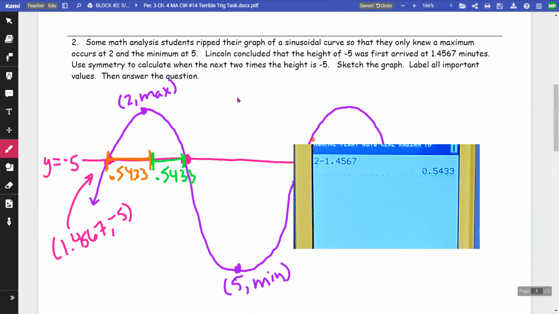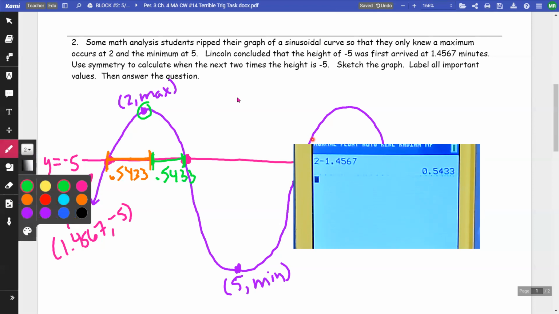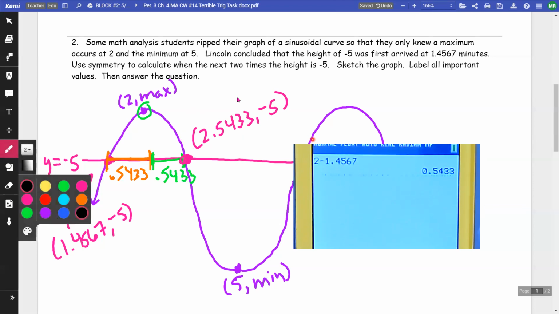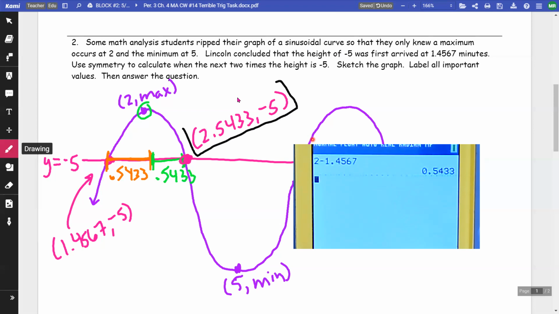So I am going to add onto this 2, because that's x is 2, 0.5433. So when I do that, this point right here is going to be 2.5433. That is the first time after that I am going to have a point at a height of -5.